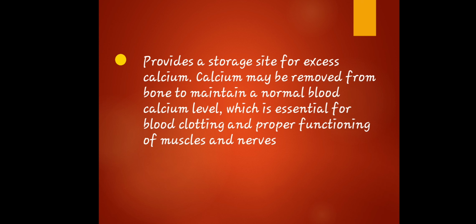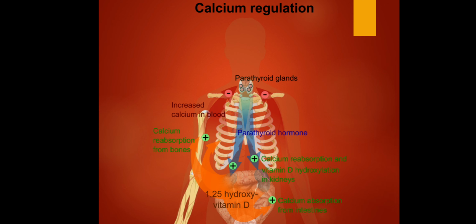So always remember the percentage of calcium stored in your bone. As I've said, 99% of the body's calcium is stored in our bone, and 85% of the element called phosphorus. Okay, so let's proceed to the next slide.